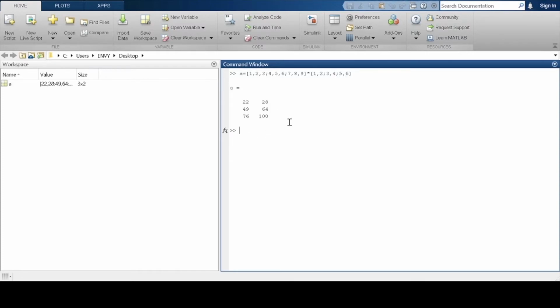We see that the resulting matrix has 3 rows and 2 columns. Let's see if the same rule of multiplication applies here.